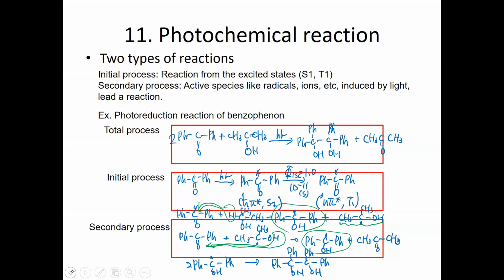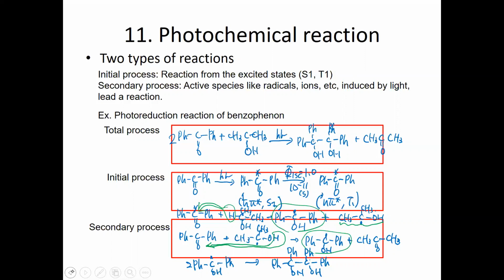As you see in this total reaction, as an initial process after photoexcitation, an n-pi star excited state reacts with another molecule, and then after formation of radical species, these radical species react with other chemicals.